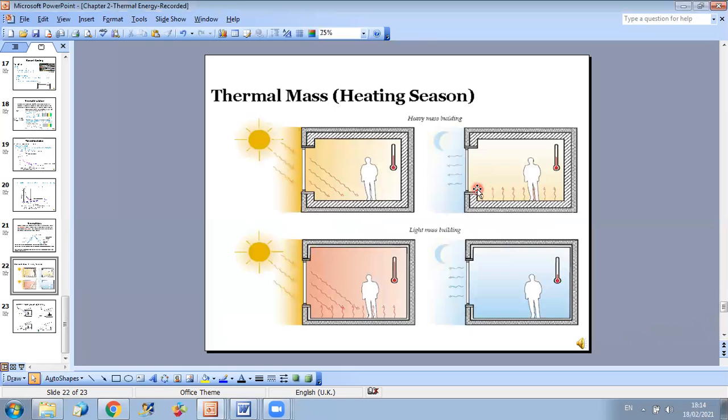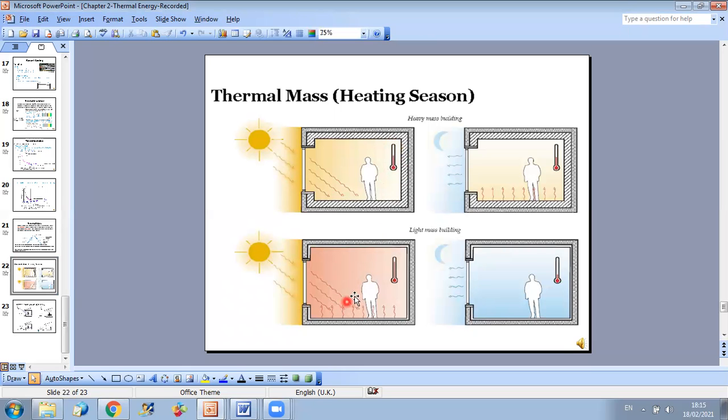In the following figure, we can compare the cases of heavy mass buildings in the top figures and light mass buildings in the lower figures. We can see that in the case of a heavy mass building, during the day, heat is absorbed by the thermal mass, avoiding overheating of the space, and as you can see here, this will maintain an acceptable temperature.